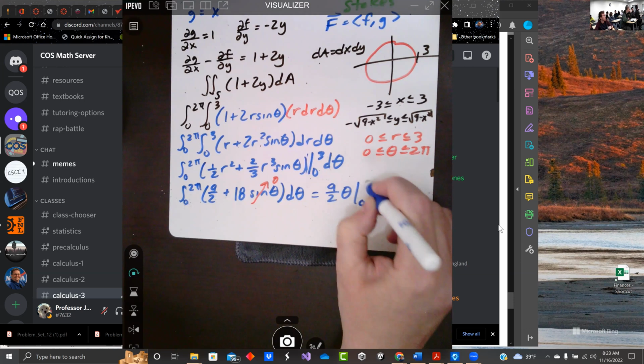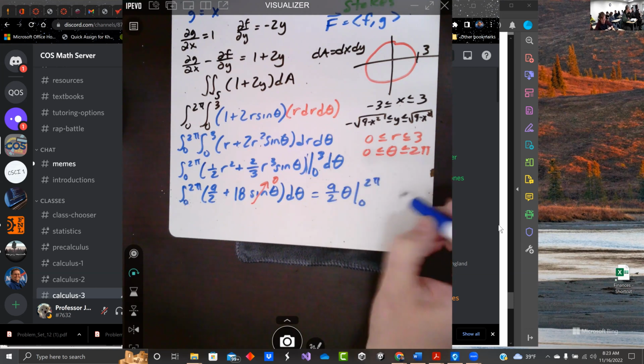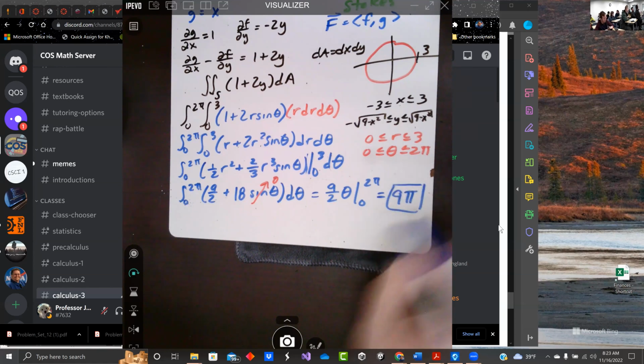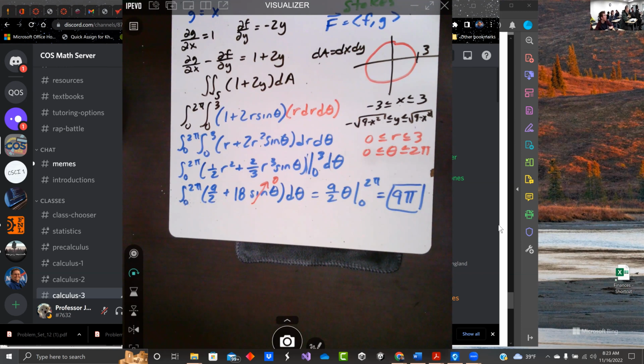Or wait, 0 to 2 pi. Yeah, you get 0. The sine of 0, sine of 2 pi. It's still, no, it still turns into 0.